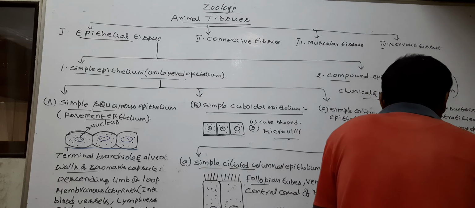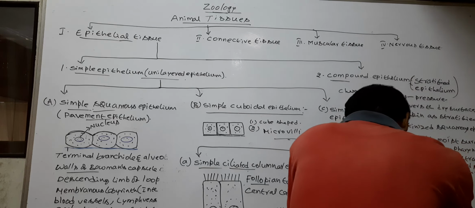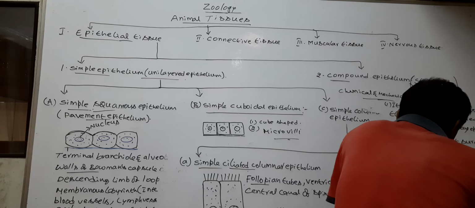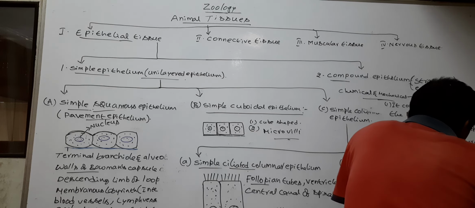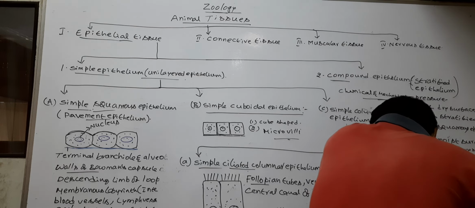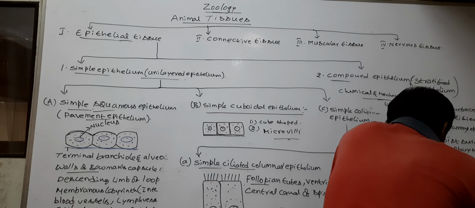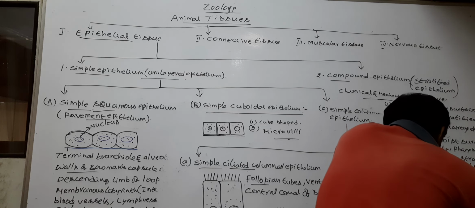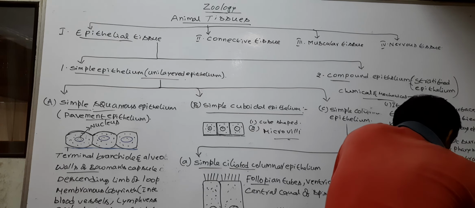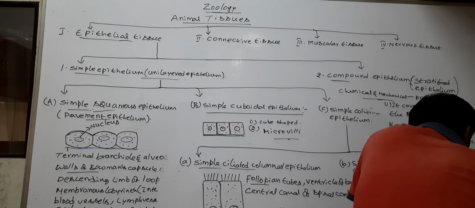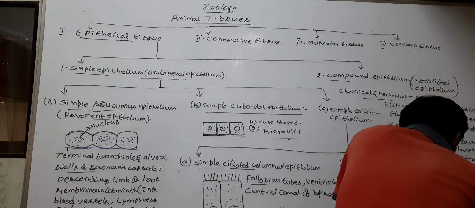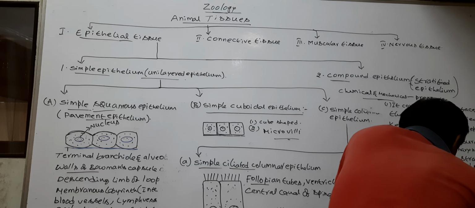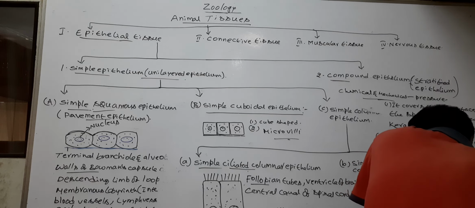Next, it forms the inner lining of the salivary glands, sweat glands, and pancreatic ducts as stratified cuboidal epithelium.